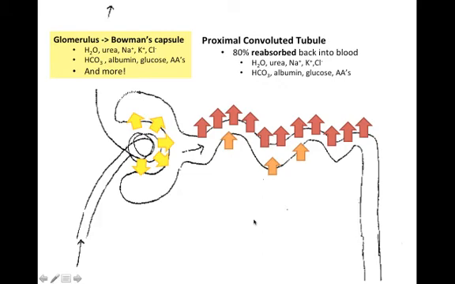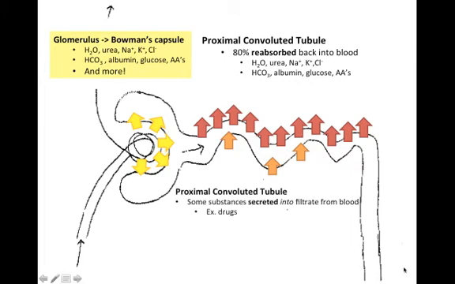What also happens in the proximal convoluted tubule is something known as secretion. So we have the ability to reabsorb the stuff we want here, but we also have the ability to dump out more stuff that maybe we don't want in this area. So for example, some medications like penicillin, we may want to get it out of the blood and didn't get an opportunity to do it necessarily over here in the glomerulus.